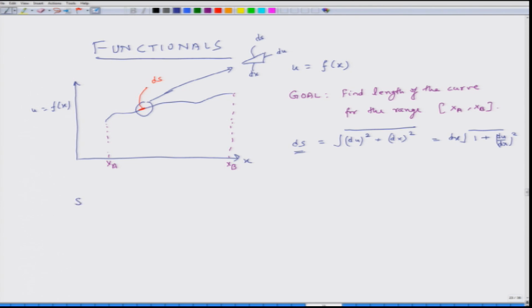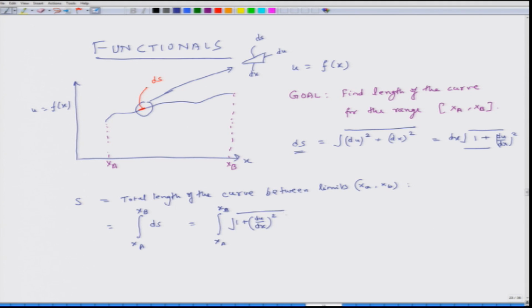So S, which is the total length of the curve between limits x a to x b, equals the integral from x a to x b of ds, and because I have calculated ds as this, it is the integral from x a to x b of the square root of 1 plus du over dx square, times dx. Okay, so that is the total length of the curve.